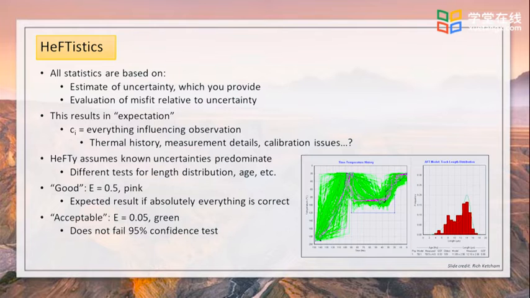While the green ones mean acceptable, where E equals 0.05, meaning it doesn't fail the 90% confidence test. However, all this is based on a critical assumption that all uncertainties are well quantified, which is not always the case, unfortunately.